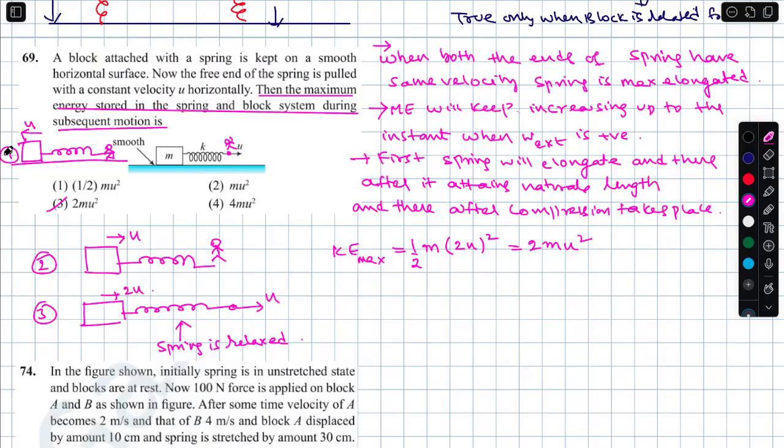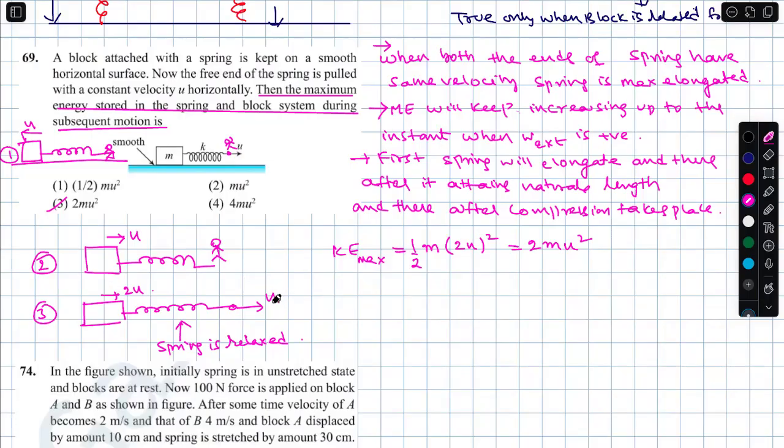When the spring is relaxed, the block has this much energy. Thereafter, the kinetic energy keeps decreasing and the spring gets compressed. This cycle keeps happening. After this stage, you will find a stage where the block attains instantaneous velocity 0, and the spring is maximum compressed.